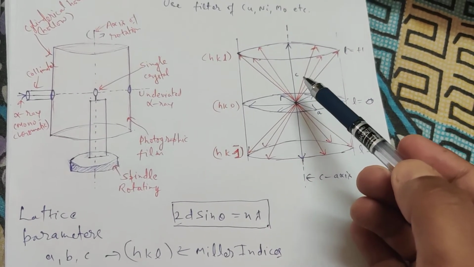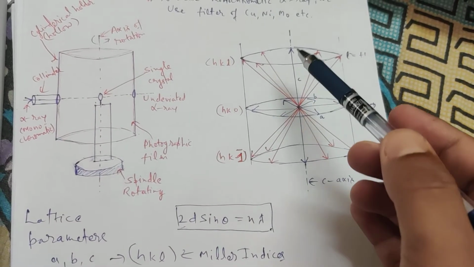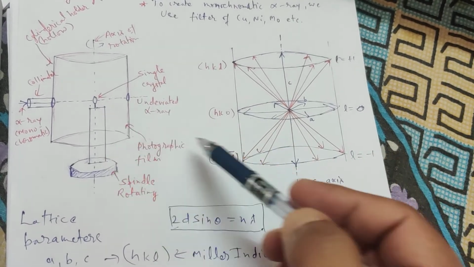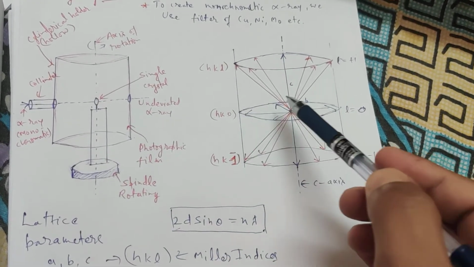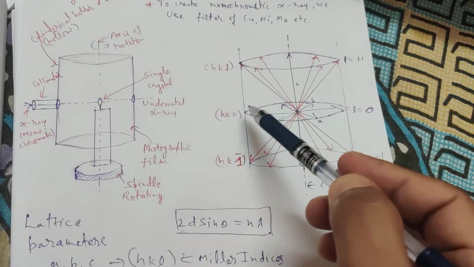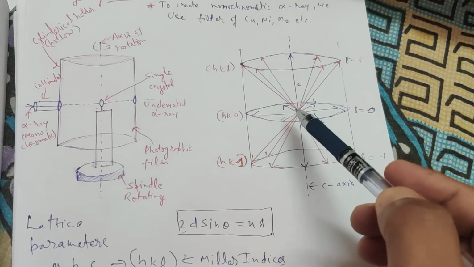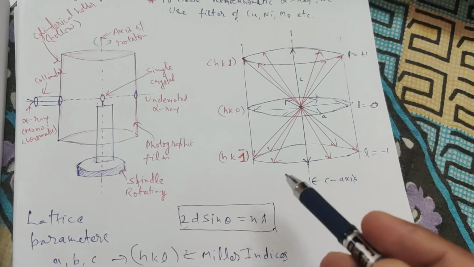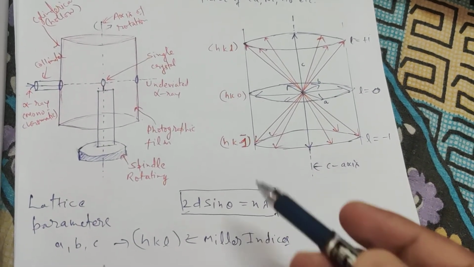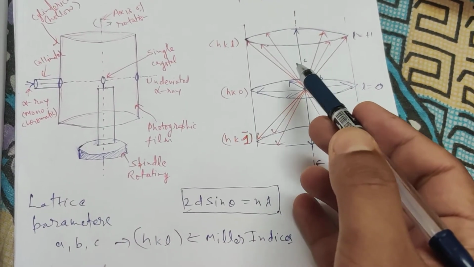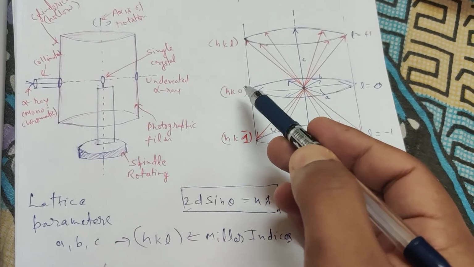Now if the C parameter is parallel to the axis of rotation, on the photographic film you get this diffraction pattern. This is known as the zero layer, that means a horizontal plane. According to the Miller indices, this is the zero layer because for C the Miller index will be L, so L will be 0.